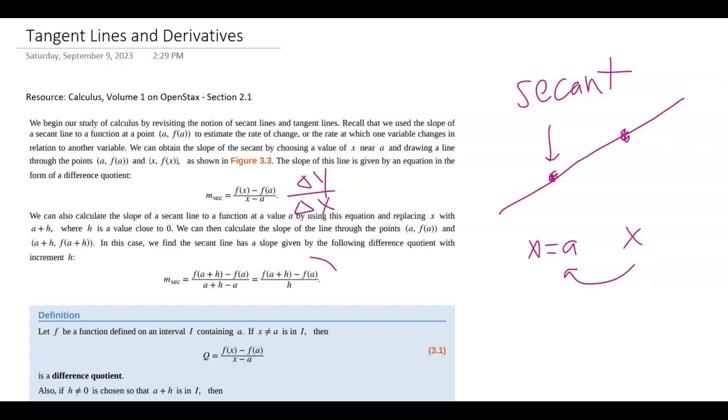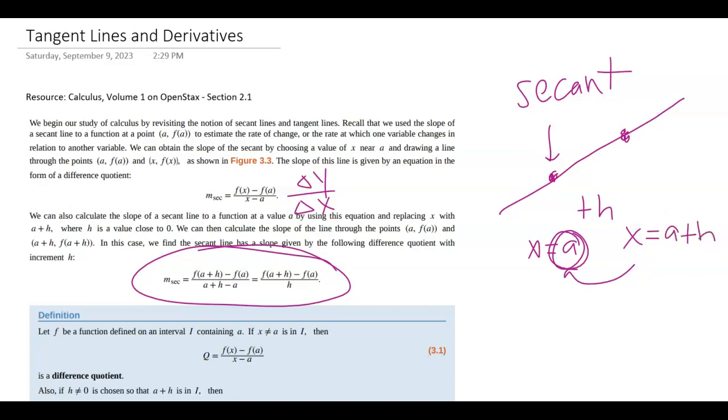Another way that we can write this is by saying if this is a, then if you add some arbitrary h value just to that a value, then this x would be a plus h. And so notice in this equation here, in place of x, we put a plus h minus f of a, and in the denominator, a plus h minus a just simplifies to h.